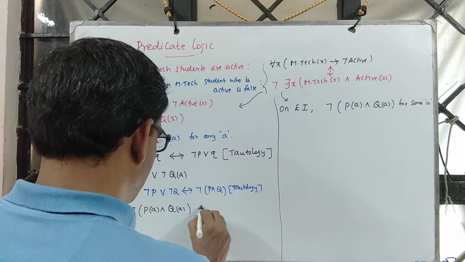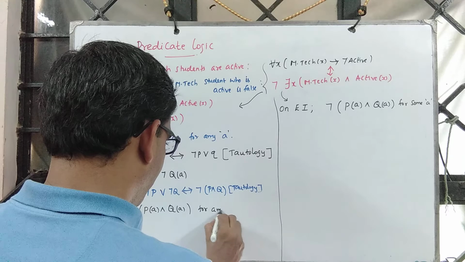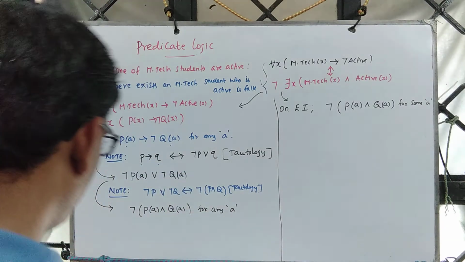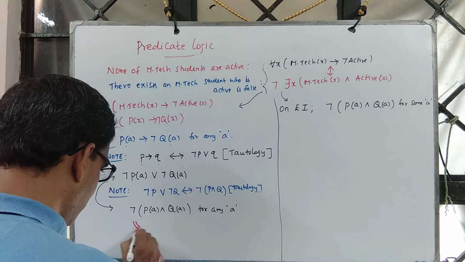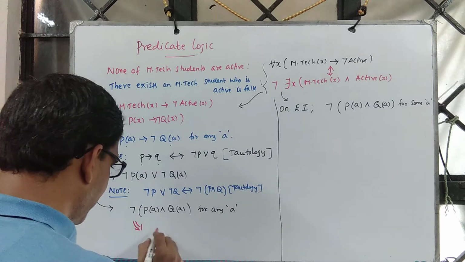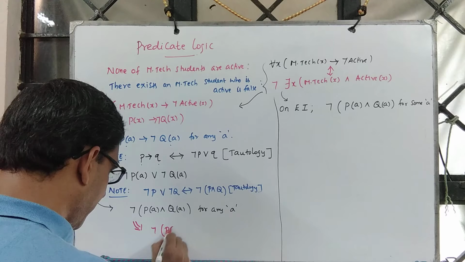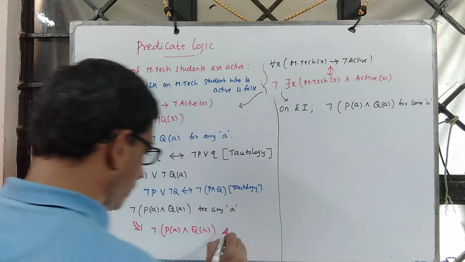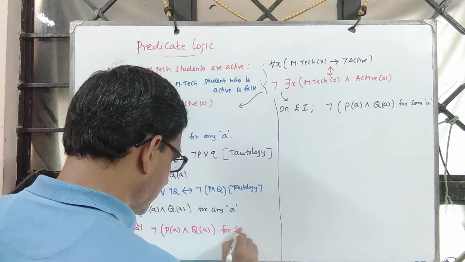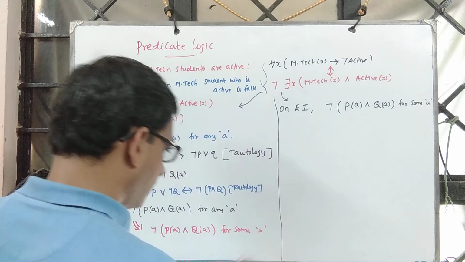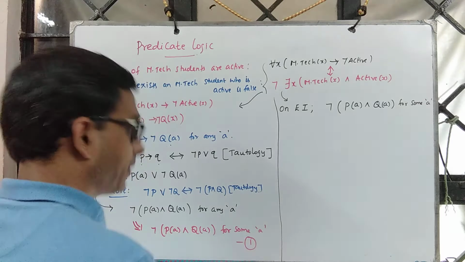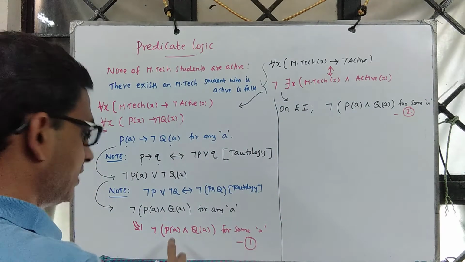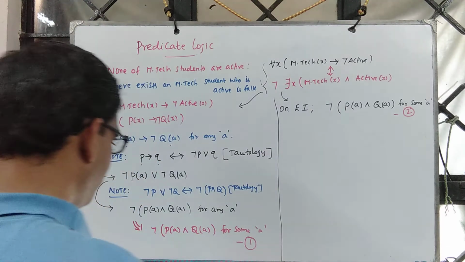Now this is all we have. Now this is true for any A, as you can see here. So since it is true for any A, any student, it is true, which means for some A also it is true. So this is expression 1, this is expression 2, which means this and this are one and the same.